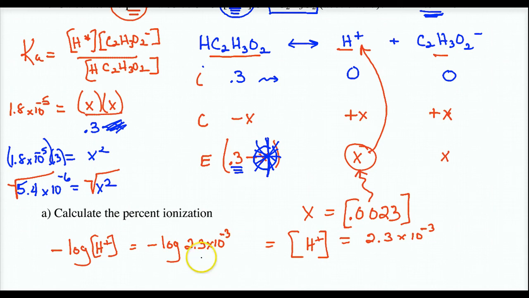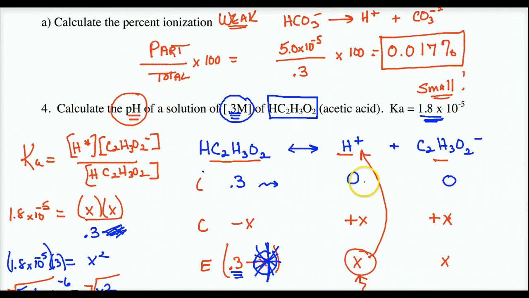I get a pH equal to, the suspense is killing us, 2.6. And that's the answer. A lot more work had to be done to figure out the pH in this case, because I had to figure out how much it would break apart, because it doesn't completely break apart. Its Ka is so small.